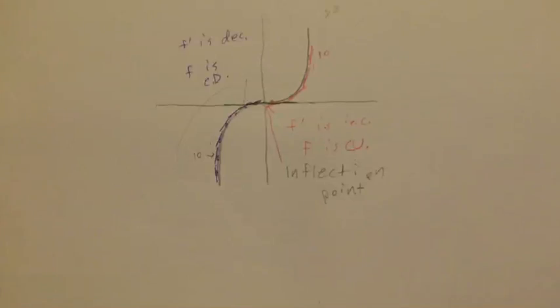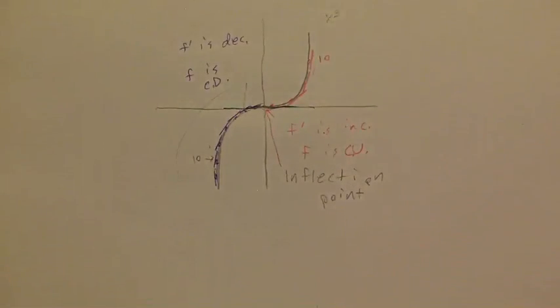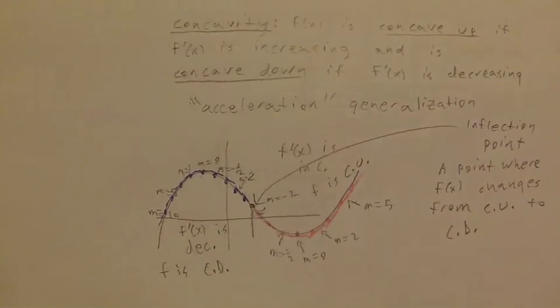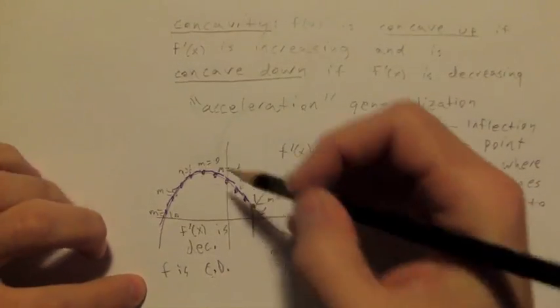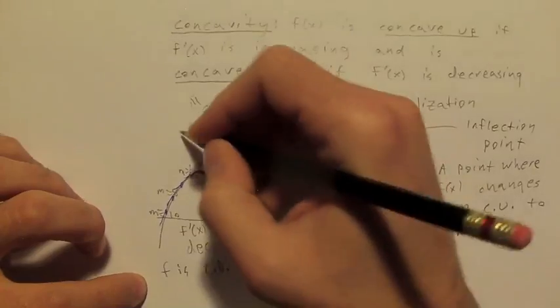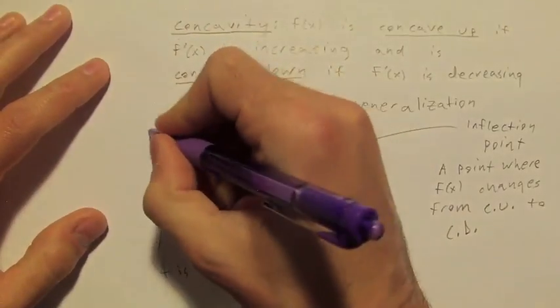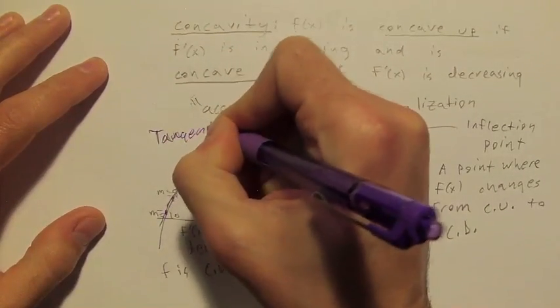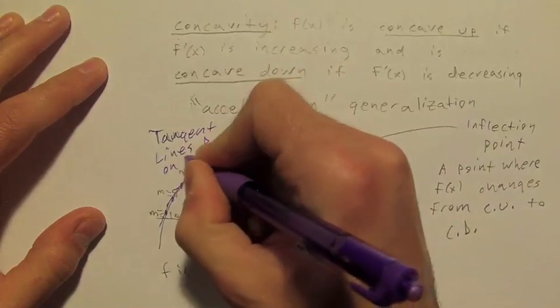Now, when you're talking about graphs, it often takes way too long to do this with all the tangent lines. A quicker way to do it, okay, is when a function is concave down, notice that the tangent lines rest on top. Let me write that in purple so we know. So tangent lines rest on top, right?